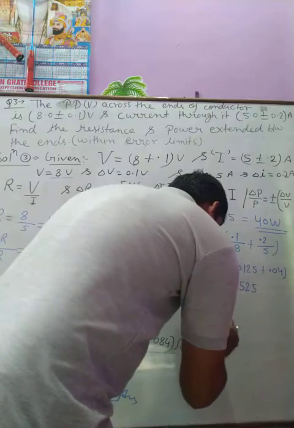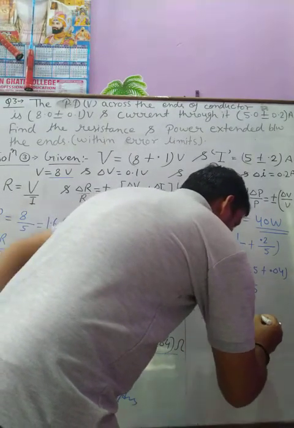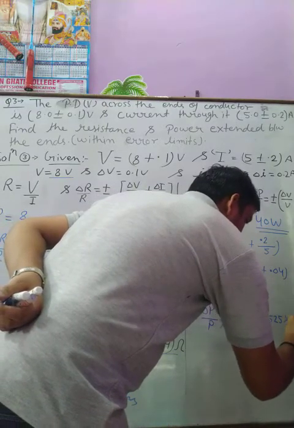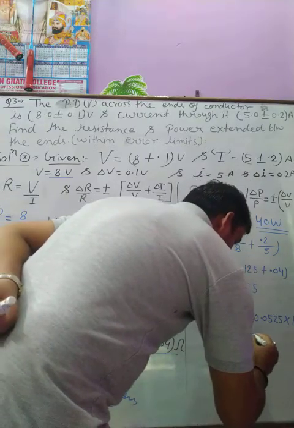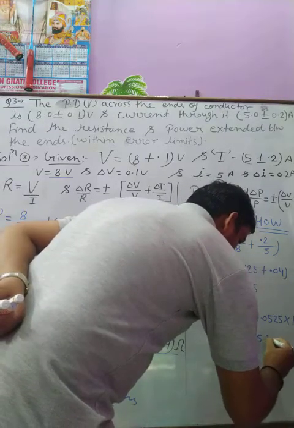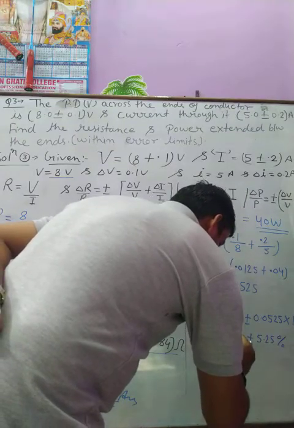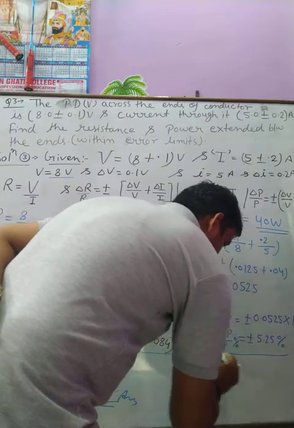So percentage error in P, student, we will get plus minus 0.0525 into 100%. That we get plus minus 5.25% is error in power as percent.